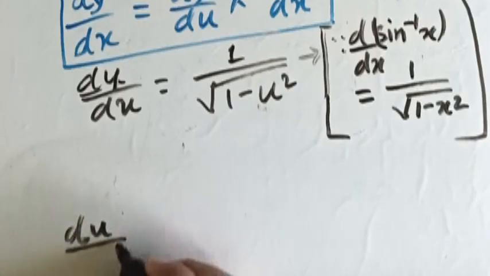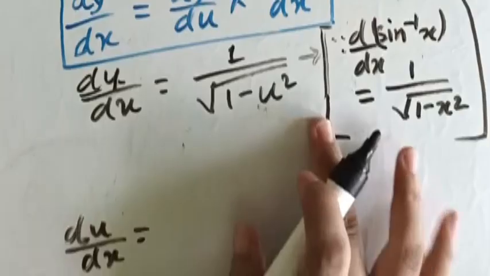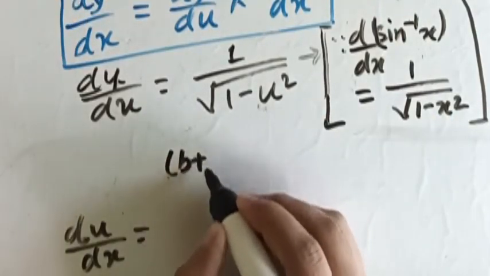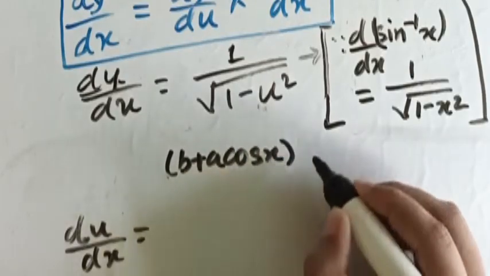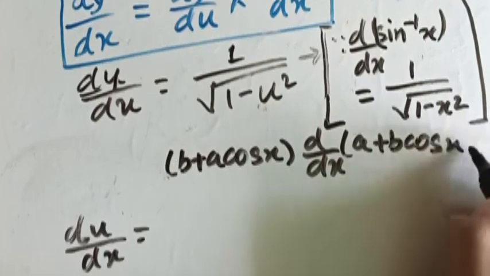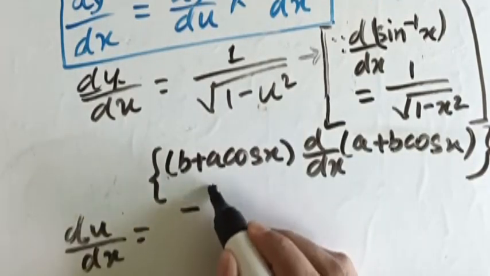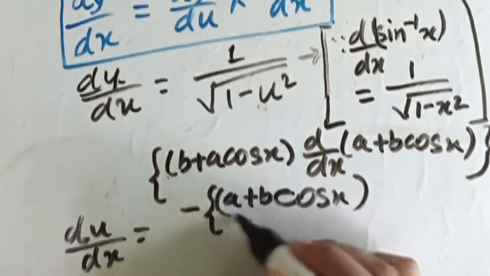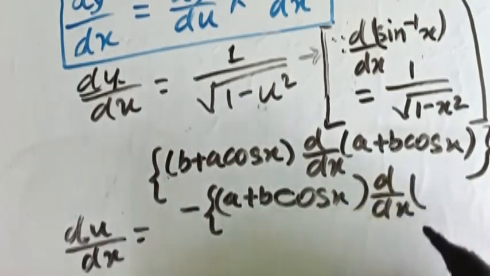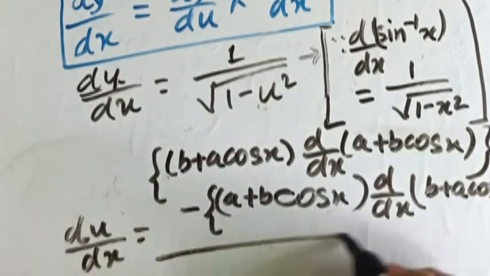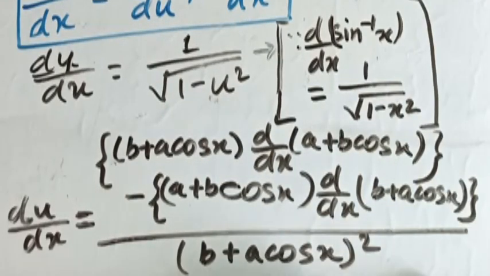To get du upon dx, you write it as differentiation of first function and second function as it is, which means b plus a cos x as it is, and differentiation of a plus b cos x, again put it in a bracket. I hope you understand it properly. After that we'll solve it.